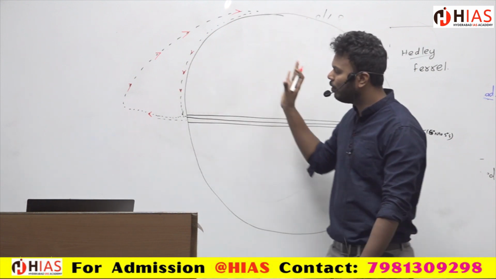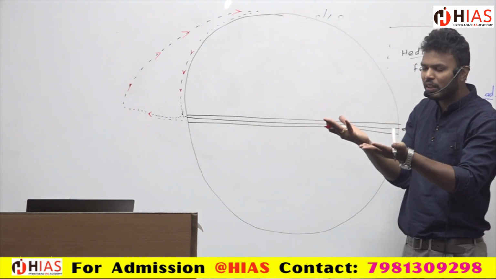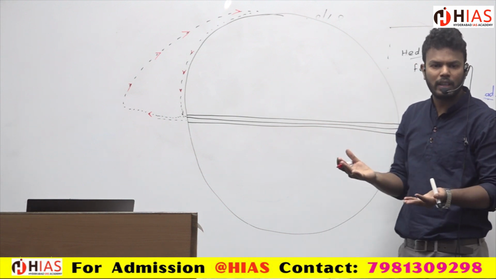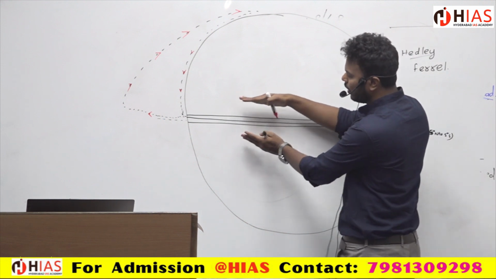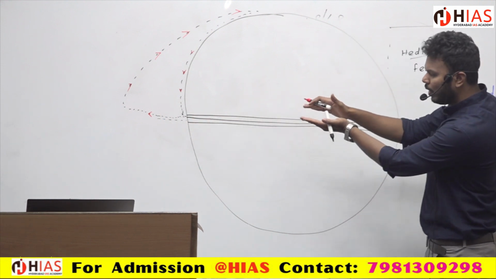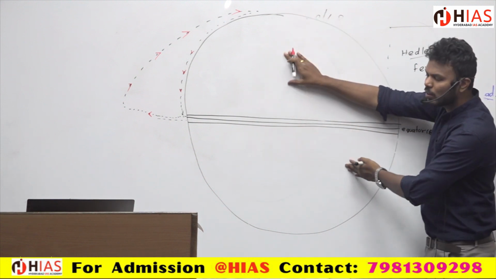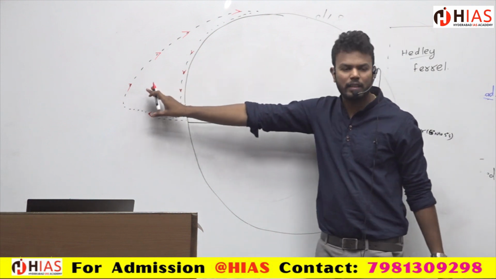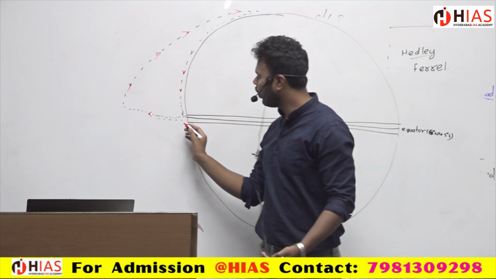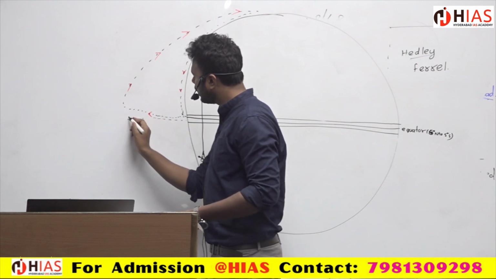What Hadley derived, by using the convection cell, whatever the convection current is there, is this. I can draw from here, this is the place, from here the air is rising, it will deflect and go there. But I cannot draw this on the board, so I am drawing it like this. From here also it is rising, and from this side also it is rising.